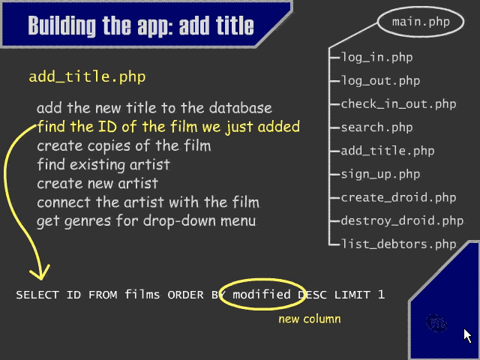So the most recently modified title in the films table, given that we've just added the new title to the database, has to be the title that we've just added. So I've made that change to the database design, and as I just mentioned, the change has been reflected within the SQL source for the database structure.